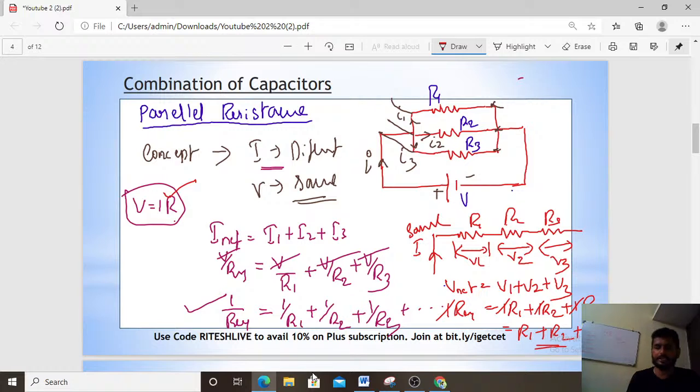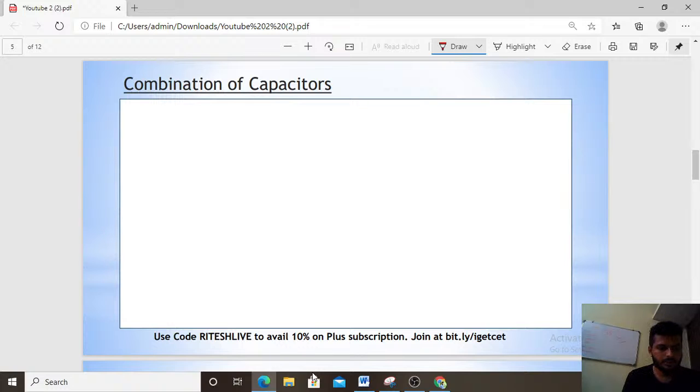Okay, so let me take a similar type of numerical, one from a capacitor and one from a resistor. Okay, first I will take from resistor. One second, I will take the example.